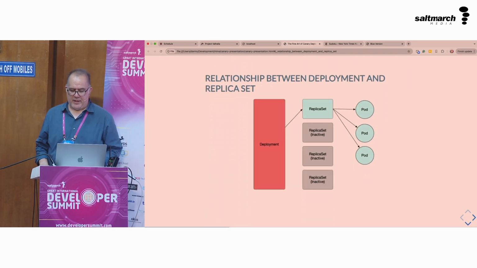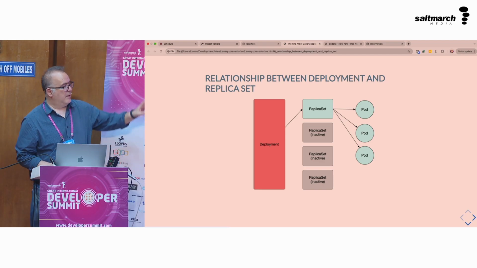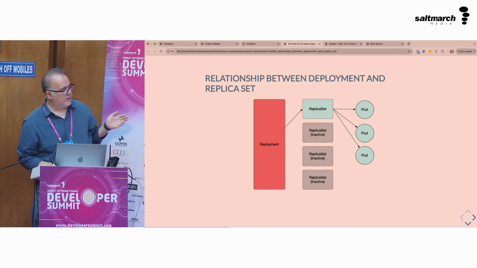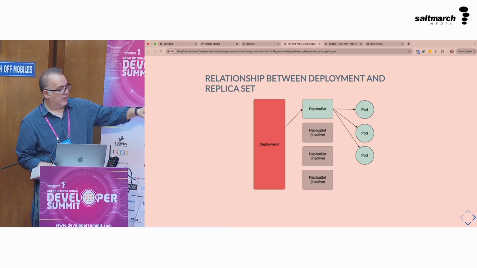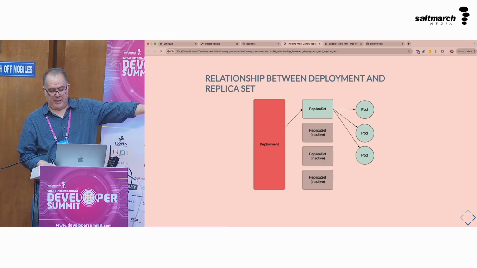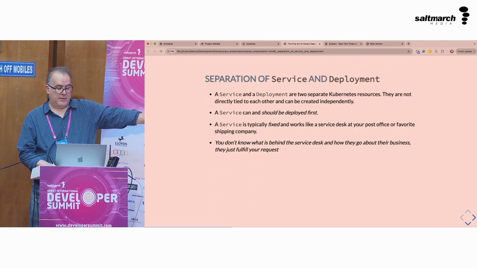And I just wanted to mention this right over here. So this is the replica set. There's always one live replica set. So when you go to a deployment, or you don't go to a deployment, it's just a manager. There's always one live replica set, and that replica set manages the pods, okay? The other replica sets are inactive, but they're historically there, so that way you could roll back to them, and that's the way rollbacks work within Kubernetes.